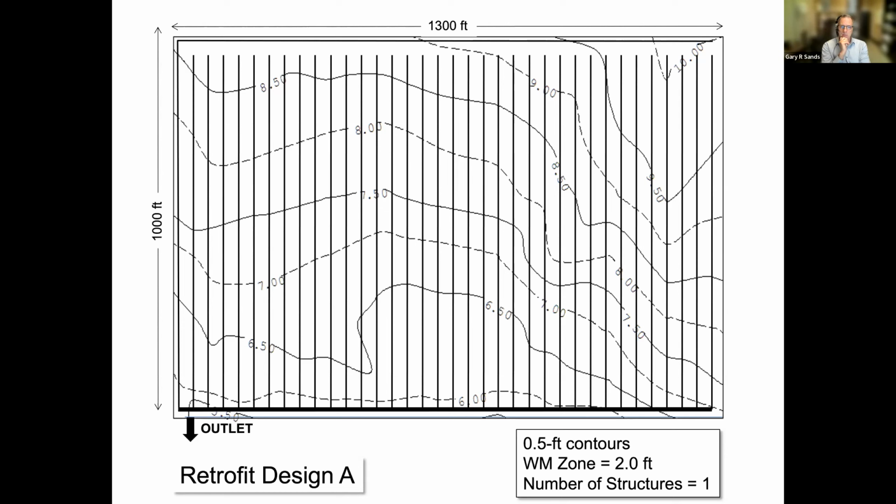I'd like you to place one structure on the system and sketch out a 2-foot water management zone above that structure, or upstream from that structure, the water management zone that structure would serve.